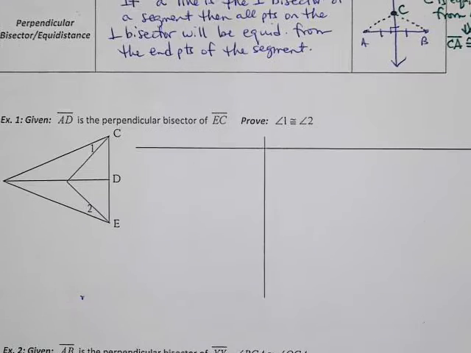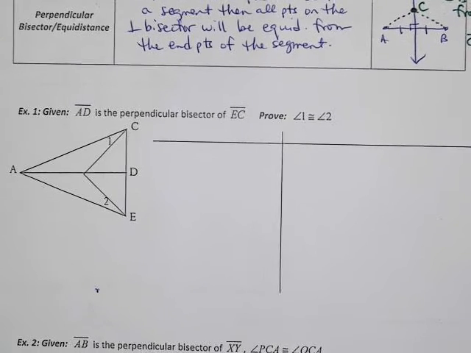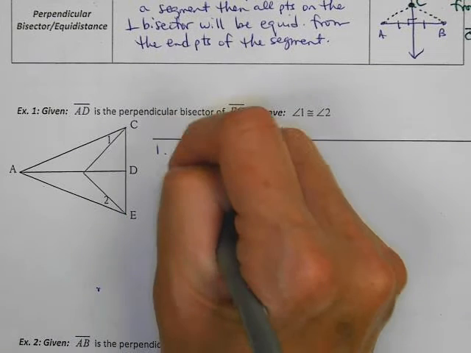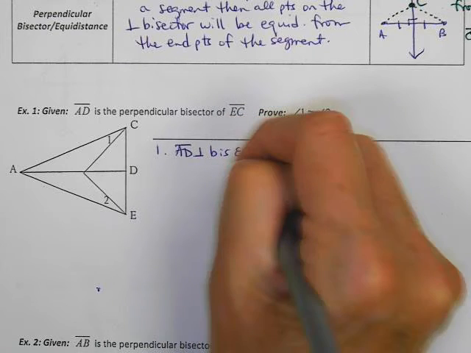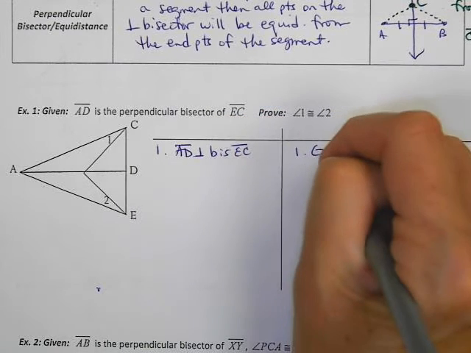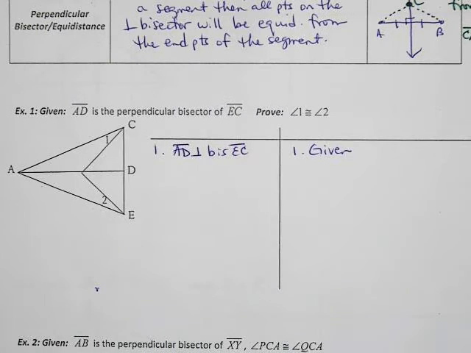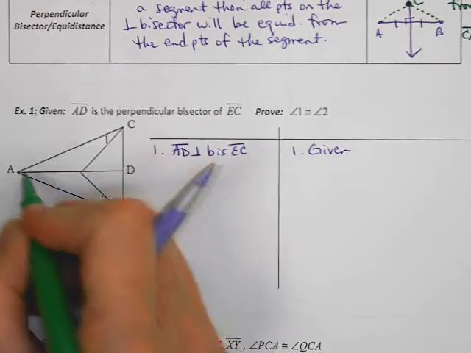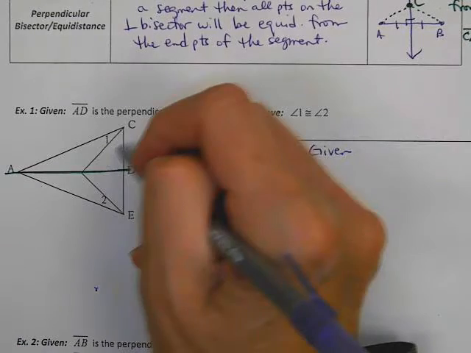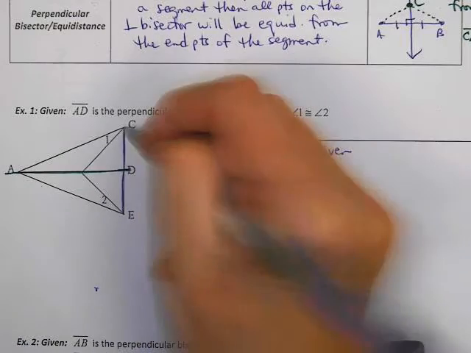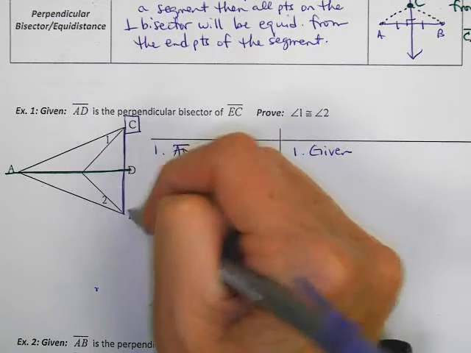So we're going to look at just 3 examples today. In this first one, we're given that AD is the perpendicular bisector of EC. That's all we're given. I like to continue to mark it in green. So AD is my perpendicular bisector, and my segment is EC, which is this segment. So there's the segment. So I'm going to box in those points.